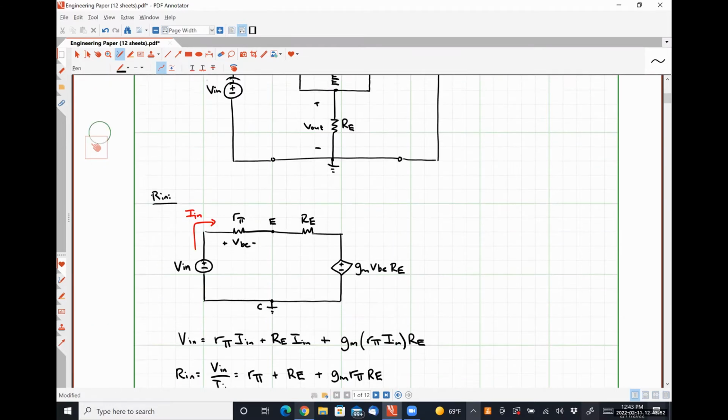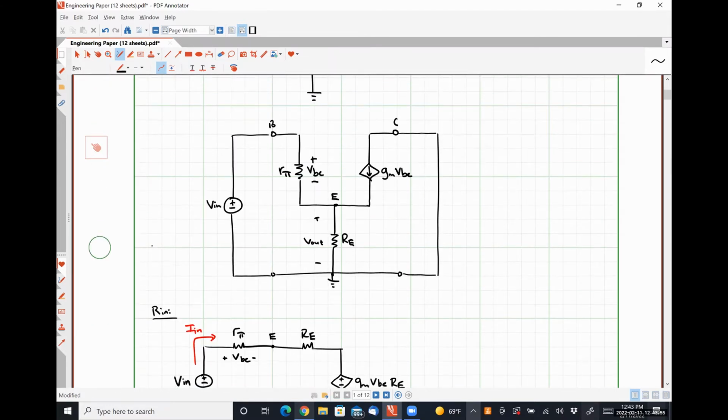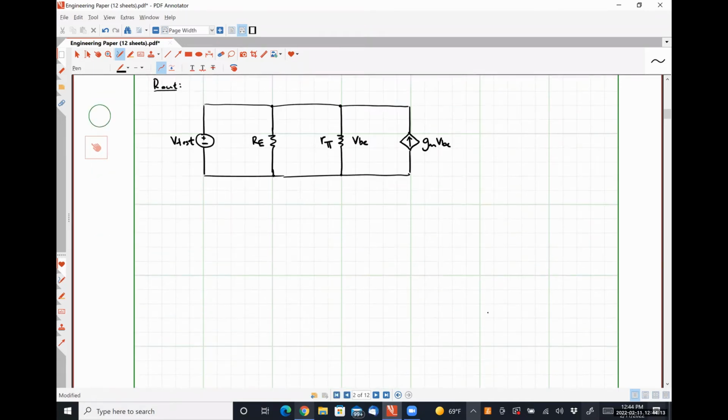So let's just do that real quick. Remember, I'm placing my test voltage source positive polarity up here at the emitter, negative polarity at ground. So the positive polarity of my test voltage source corresponds to the negative polarity of my quantity VBE. So that's negative, like so. Here's my quantity I test that I'm trying to figure out.